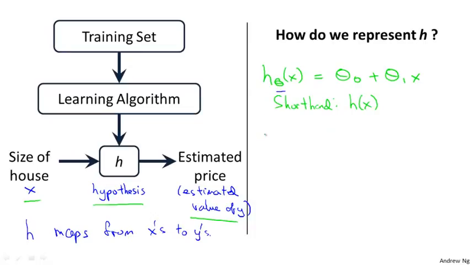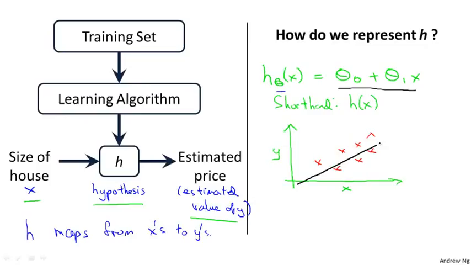Plotting this in pictures, all this means is that we are going to predict that y is a linear function of x. So that's our data set, and what this function is doing is predicting that y is some straight line function of x. That's h of x equals theta 0 plus theta 1 x.